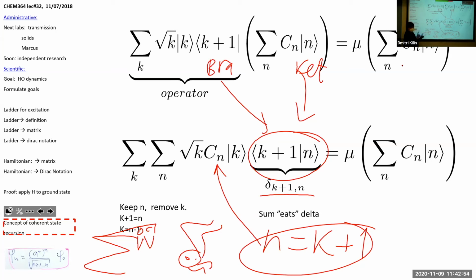Because we do not swap anything. If you do not swap order, then we can reshuffle stuff. And by the orthonormality relation, this k plus 1 and n will be 0 if these two numbers are not equal, or 1 if they are equal. And we symbolize it by delta k plus 1 comma n.